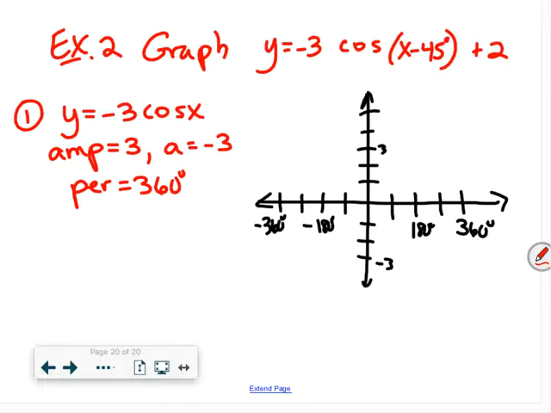Cosine starts at the A value, so instead of going up to 3, I'm down at -3. Think about it, it's a reflection over the x-axis. So let me do my first graph dashed. Make sure that they are rounded and they're not V's.